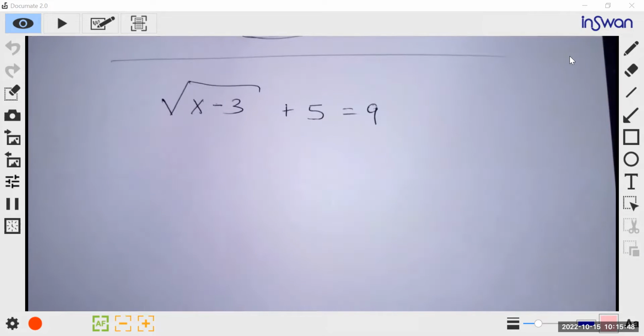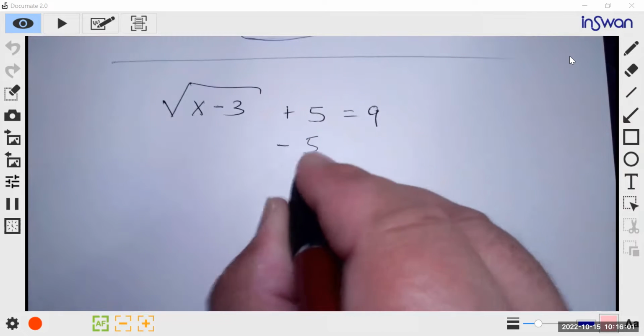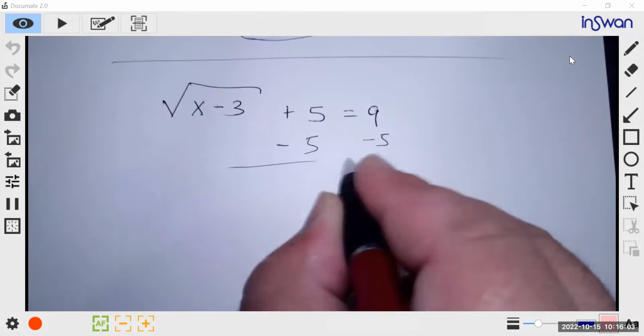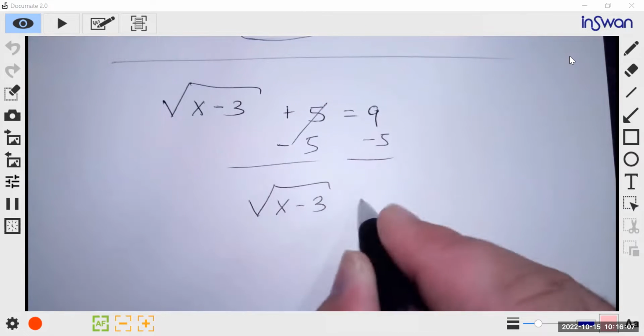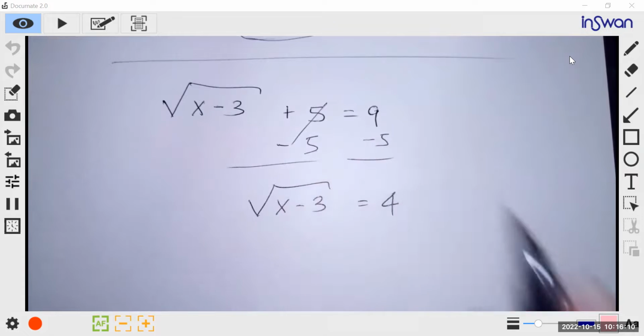How about that one? Yep, you have to get rid of the 5. So we have square root of x minus 3 equals 9 minus 5, which is 4.